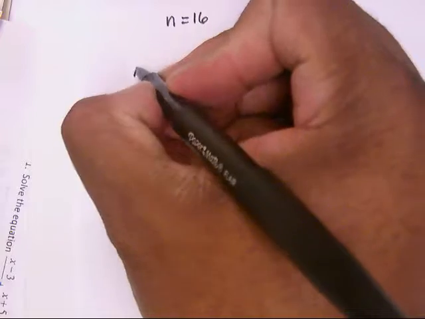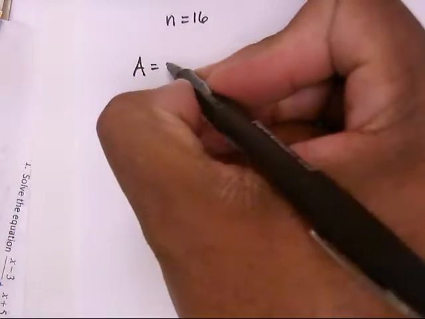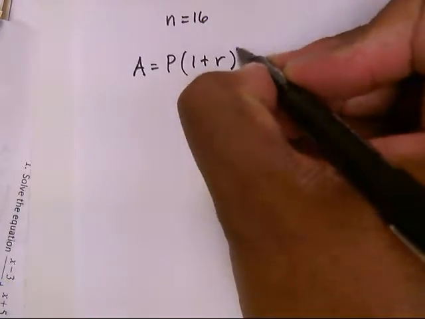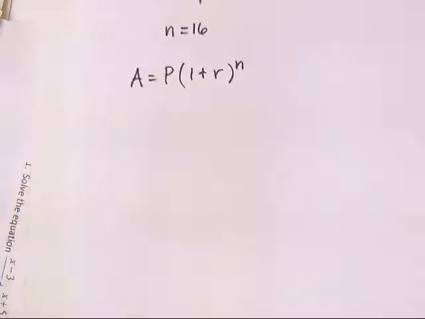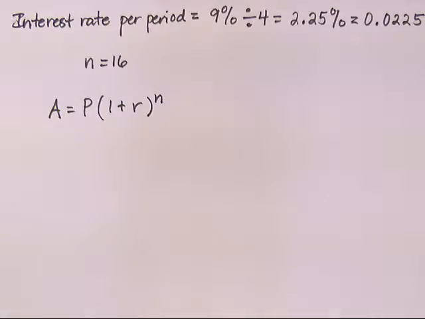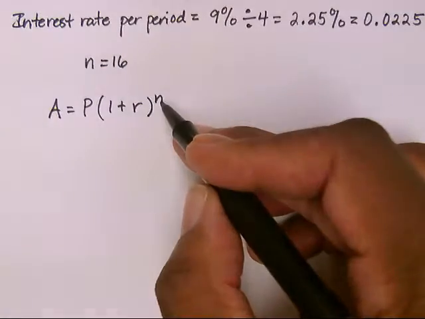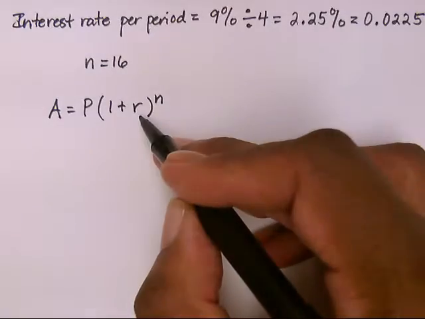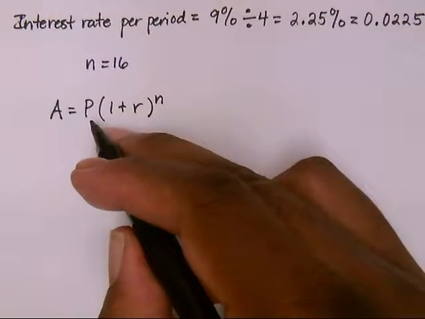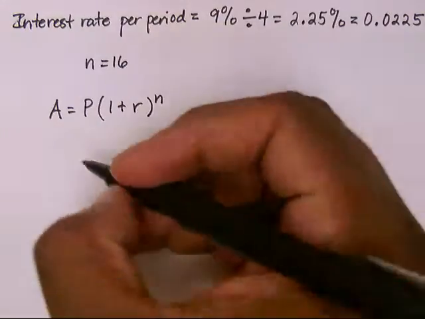So our formula for finding the total amount will be A is equal to P times 1 plus R, and that quantity is to the nth power. The n is the number of periods, the R is the interest rate per period, and the P is the principal, which in this case is $1,000.